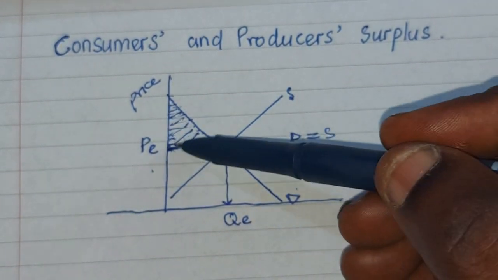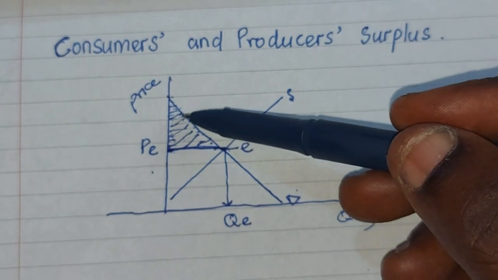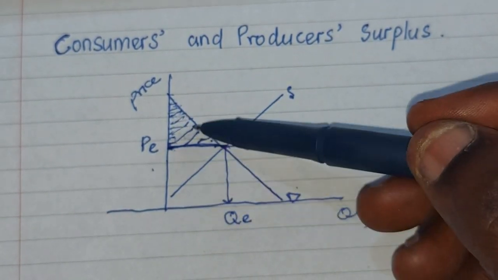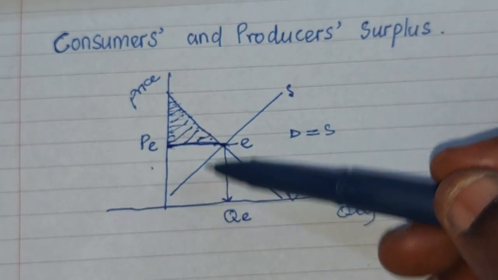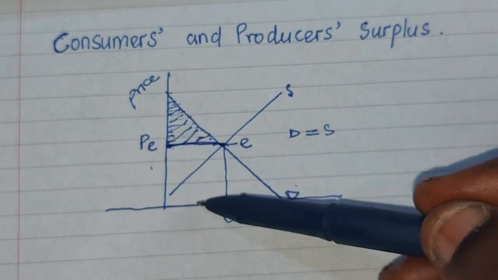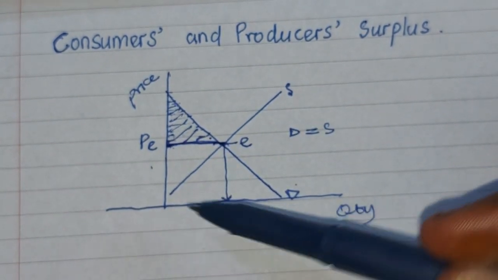Don't forget, the higher the price, the lower the demand. Are you with me? The lower the price, the higher the demand. So as the price is dropping, the quantity demanded increases.